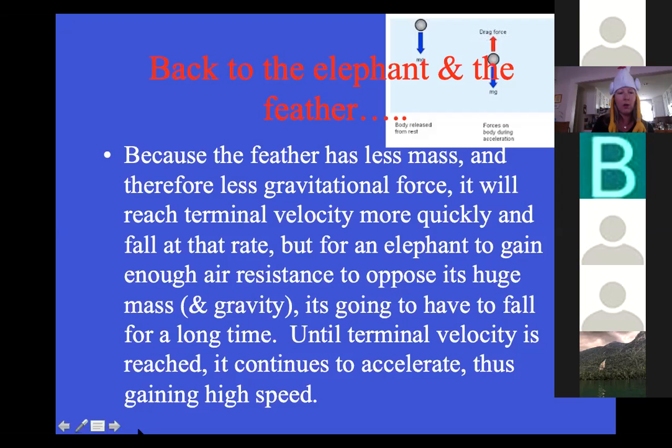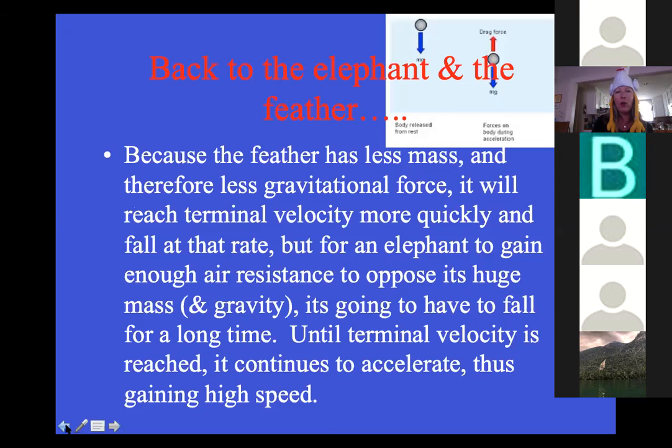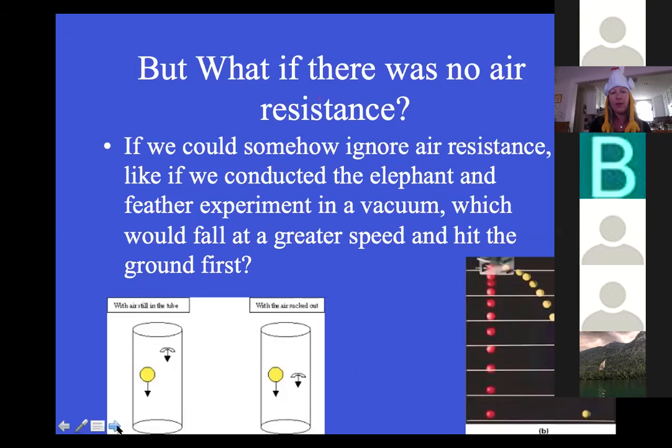Okay, so hopefully you understand then that if there was air resistance, if we really honestly dropped an elephant and a feather off of a tall building, the elephant would hit first and fall quicker. And the reason why is because of air resistance and the fact that the feather will reach terminal velocity more quickly than the elephant.